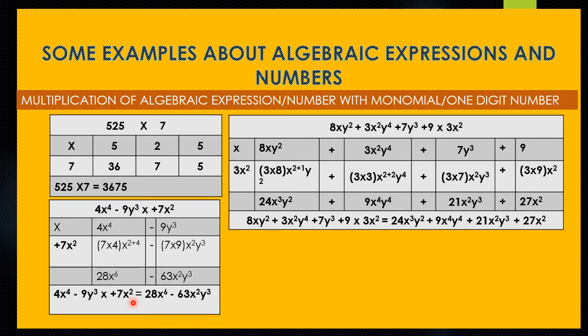So I can multiply 7x² with 4x⁴ first, and then 7x² with 9y³. But if I start from 9y³ first and then multiply 4x⁴ with 7x², it doesn't matter.